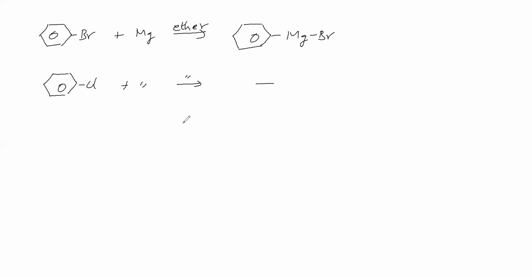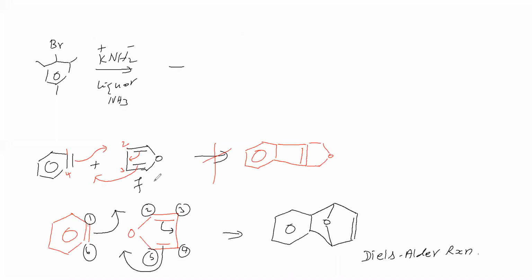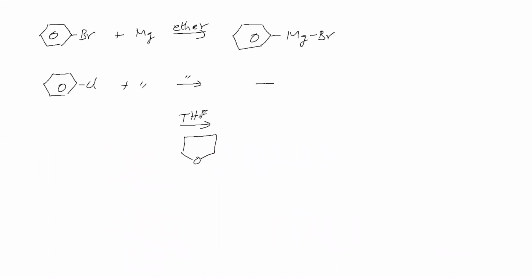But with the solvent THF, tetrahydrofuran, it is called tetrahydrofuran. In the previous case, it is called furan. Furan means 2 pi bonds will be there inside. If 2 pi bonds are not there, then we have to say tetrahydrofuran.